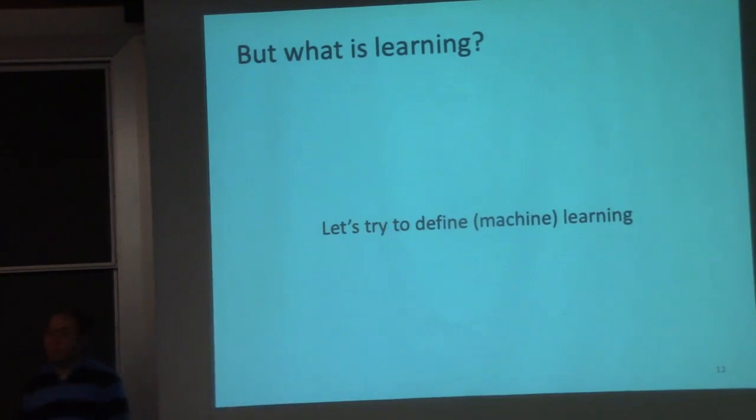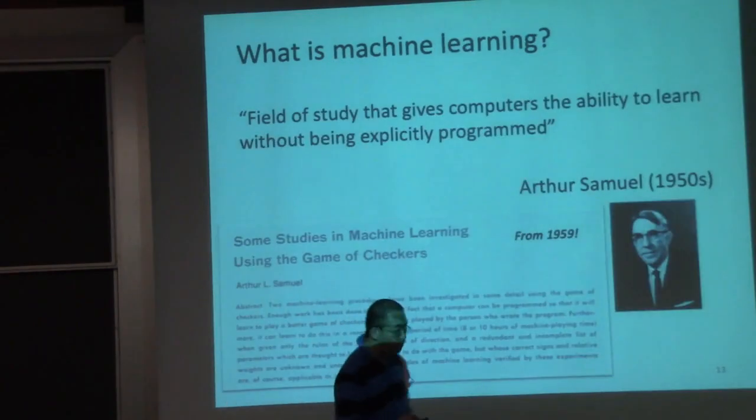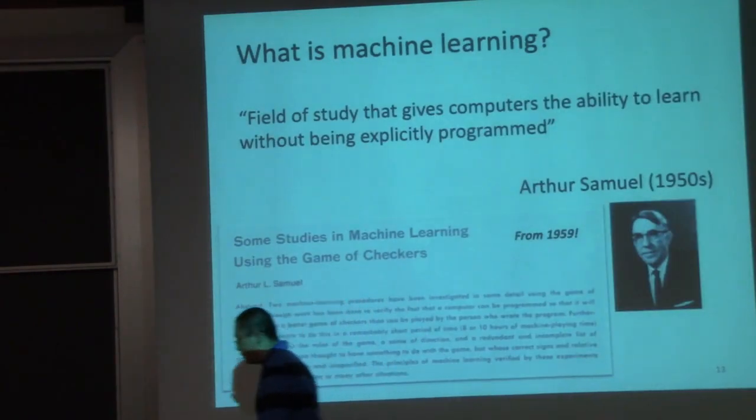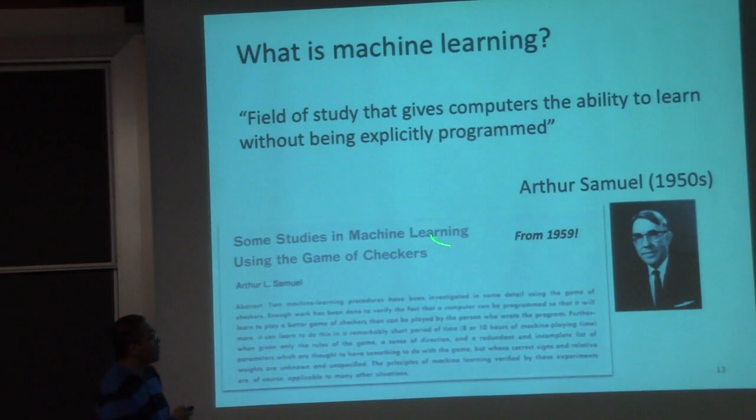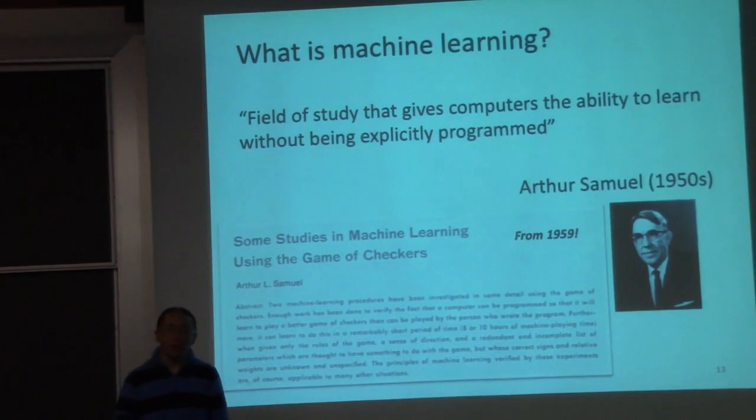So now let us look at the formal definition of machine learning. The first definition of machine learning is given by Arthur Samuel. Professor Samuel, a pioneer in artificial intelligence, is one of the several pioneers who proposed the concept of artificial intelligence.